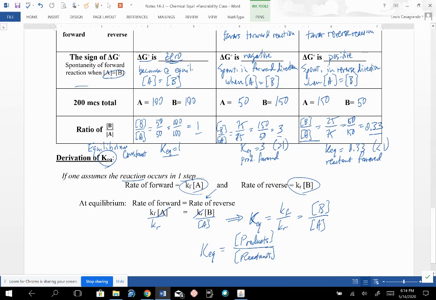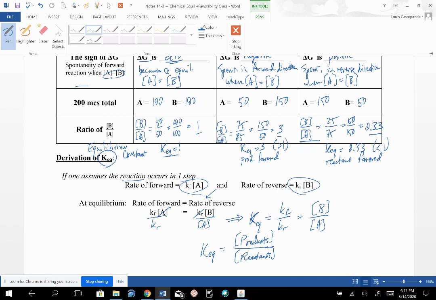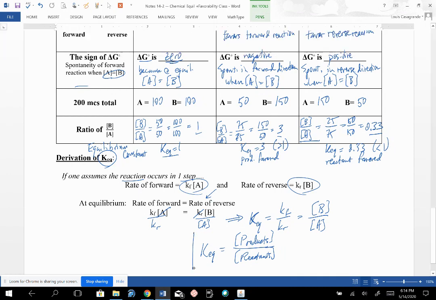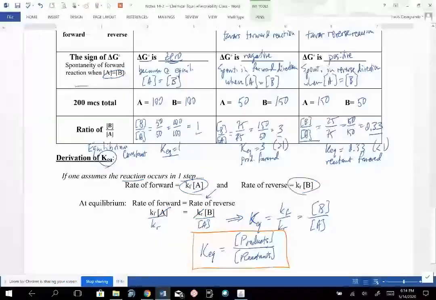Because after all, these two things should be relatively easy to obtain, and that we call the equilibrium constant expression.